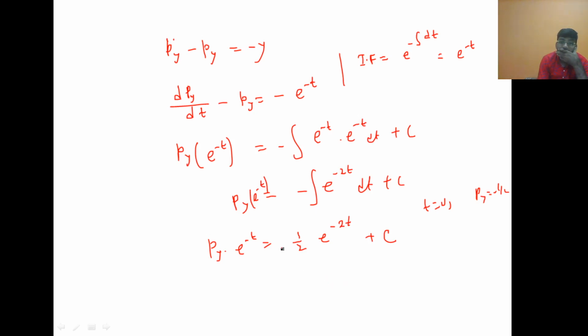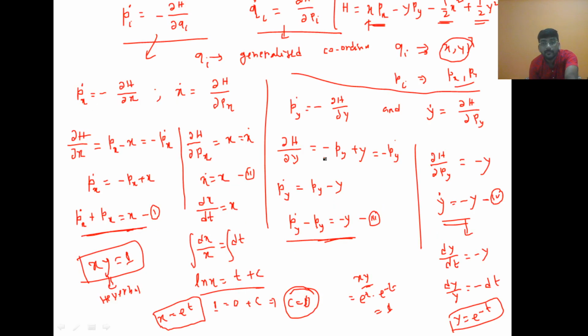Minus half e to the power minus 2t it should be. Okay, it should be minus half. I think there is some mistake, and the mistake is from here. Because this should be py dot is equal to y plus py.